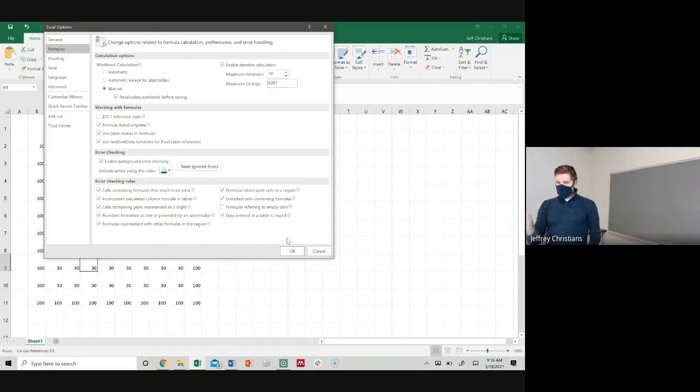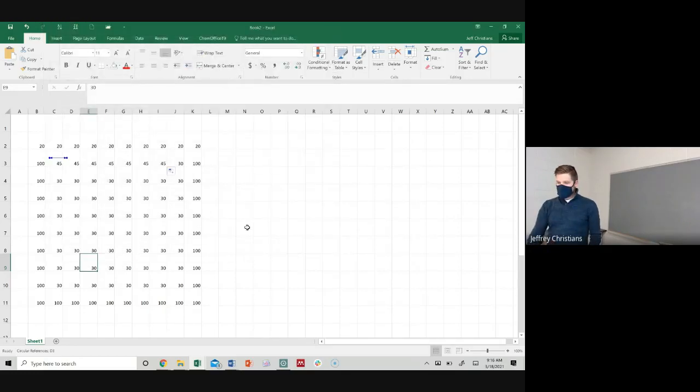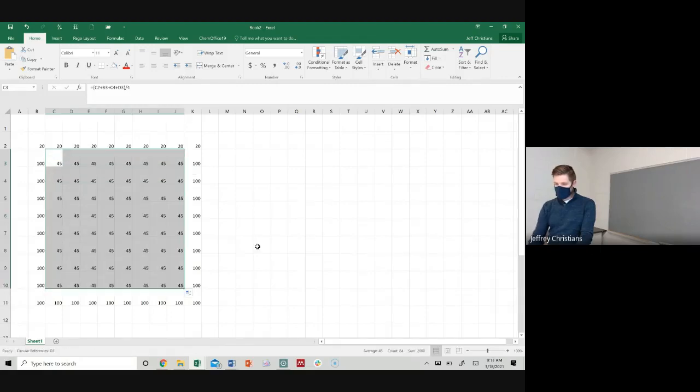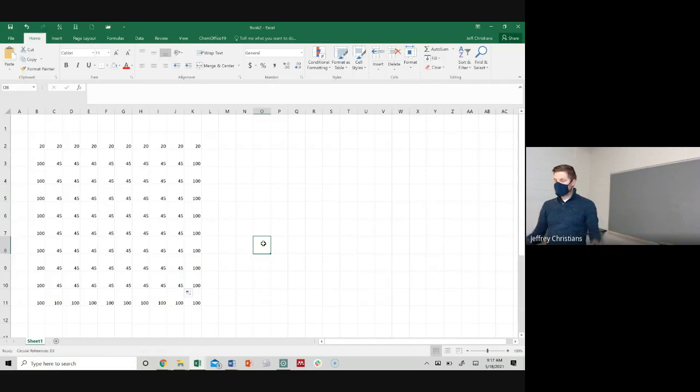So we'll turn on both of those things, manual calculation, so I'm telling it when to do it again, and iterative calculation. If we do that, then each of these cells in the middle, where things actually get fairly straightforward, they're all the same, right? Like this one is equal to the 4 around it.